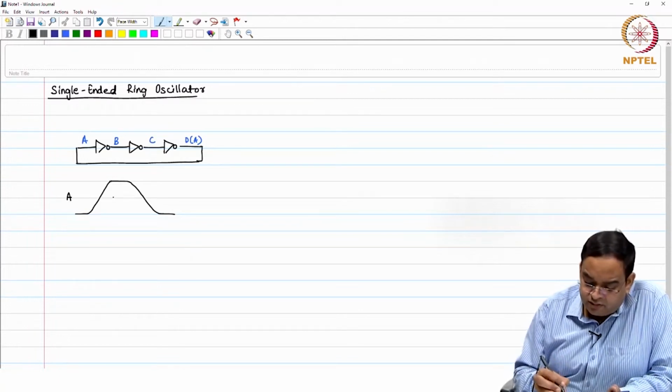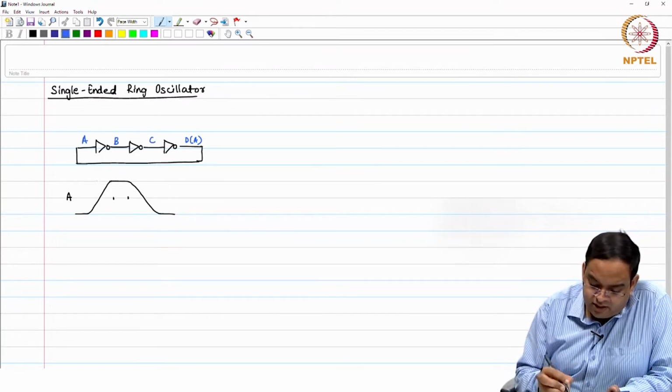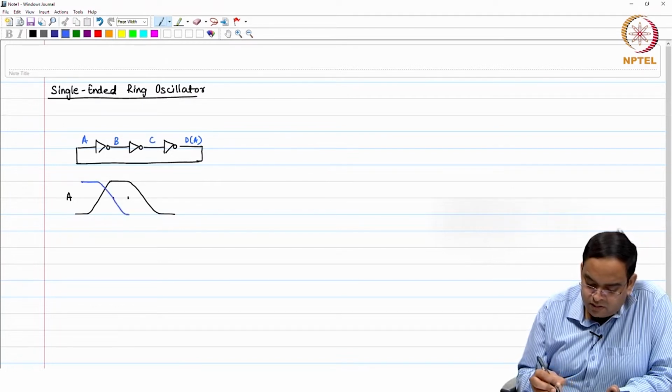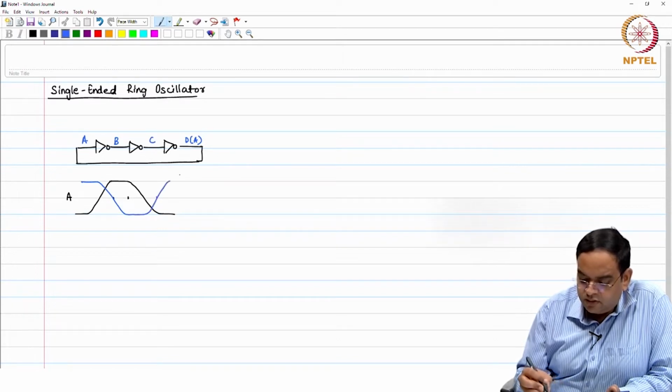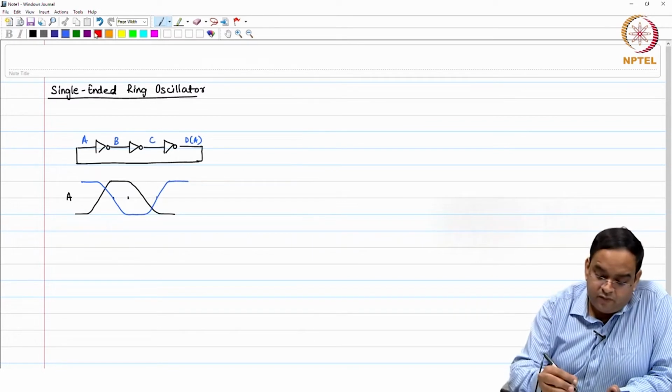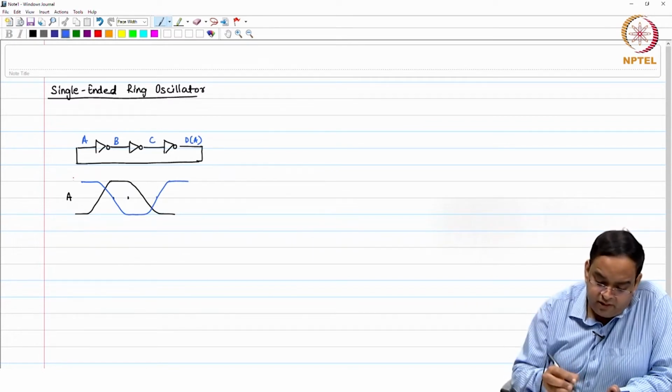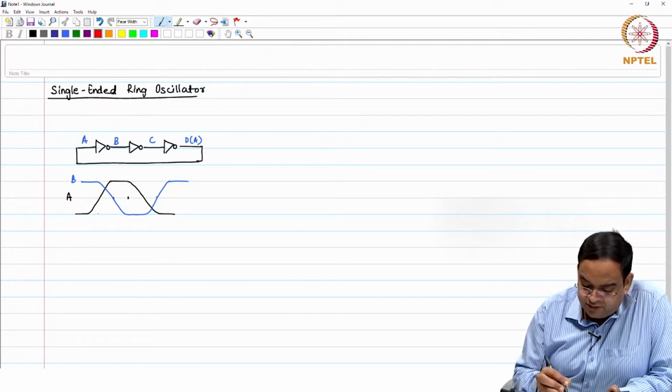So, this is the waveform A. The waveform B happens to be like this. And waveform C is going to be something like this.